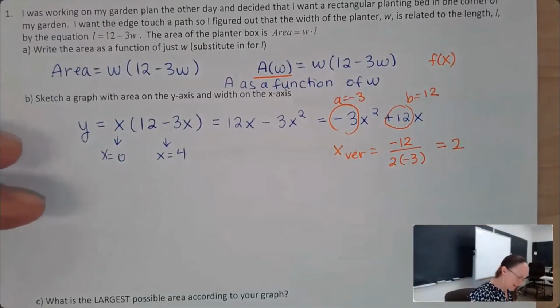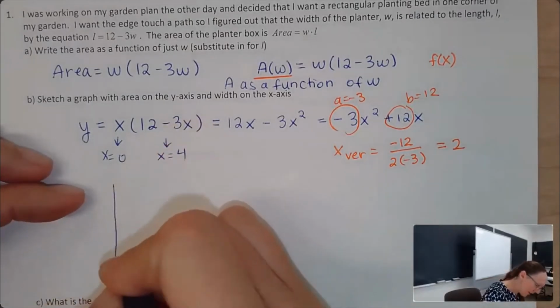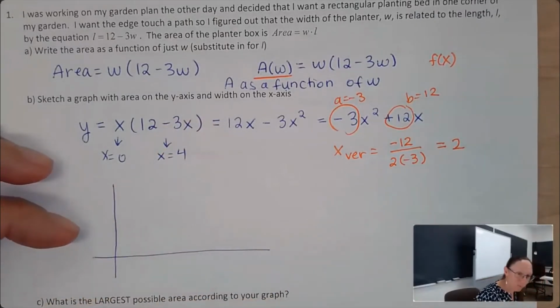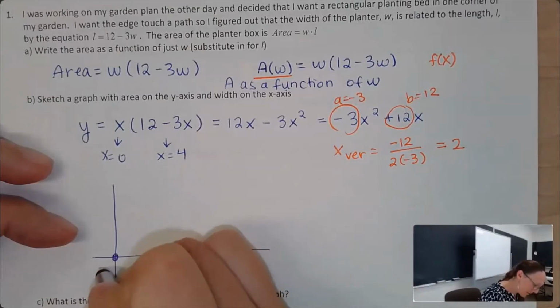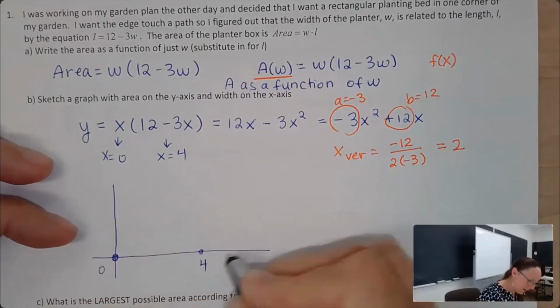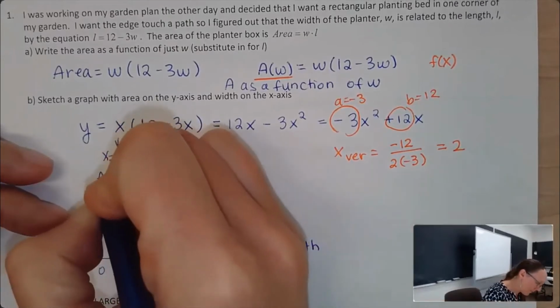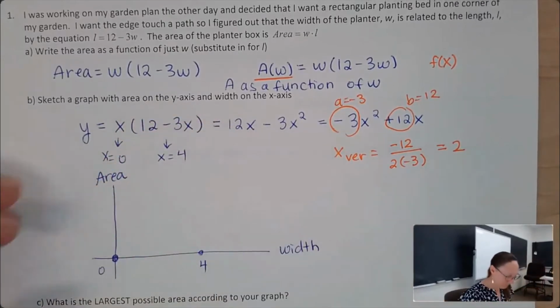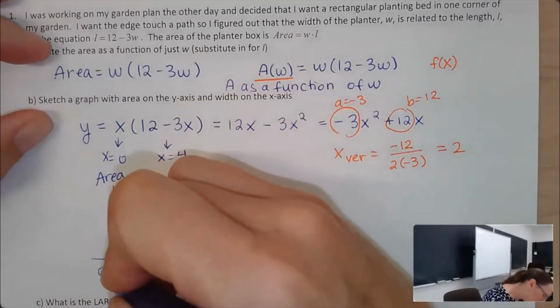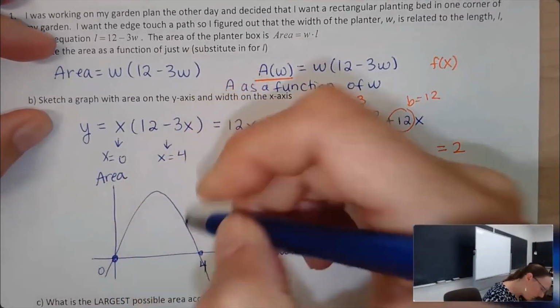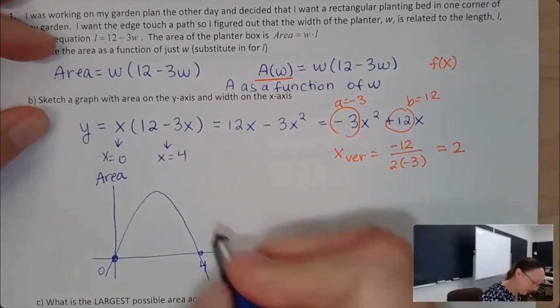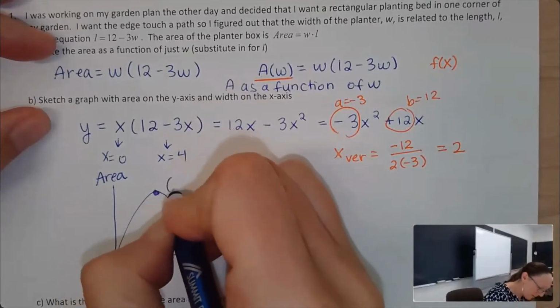So either way, I've got my x-intercepts and the x value of my vertex. So I've got intercepts at 0 and 4. And I'm going to go ahead and label my axes here just to remember that this one's the width and this one is the area. Draw in my parabola and we'll label the vertex up here.